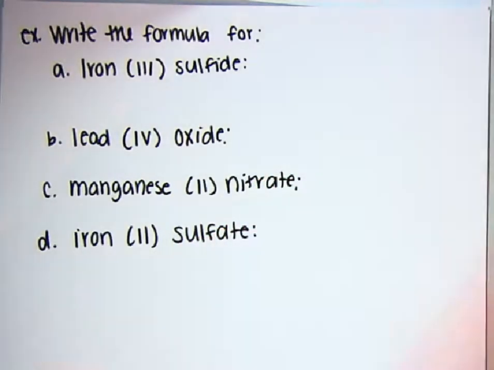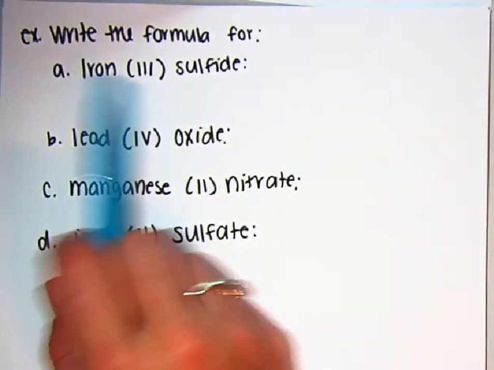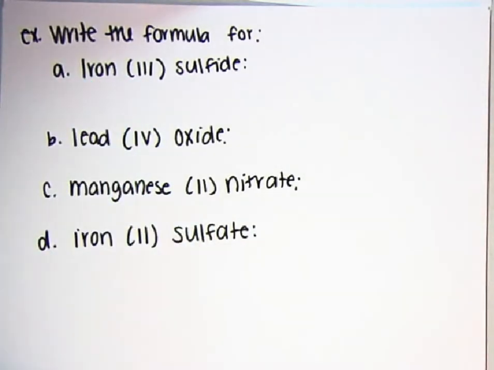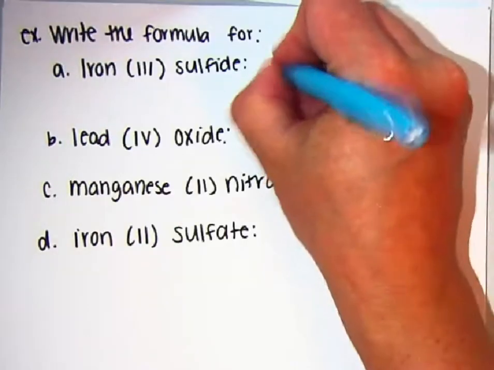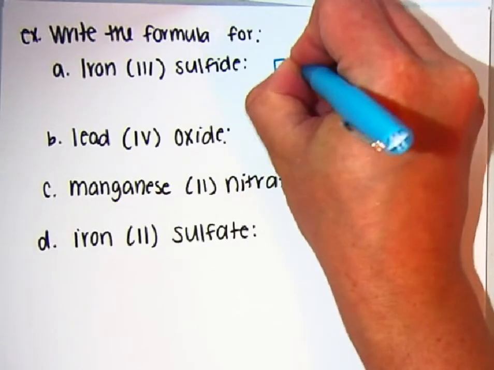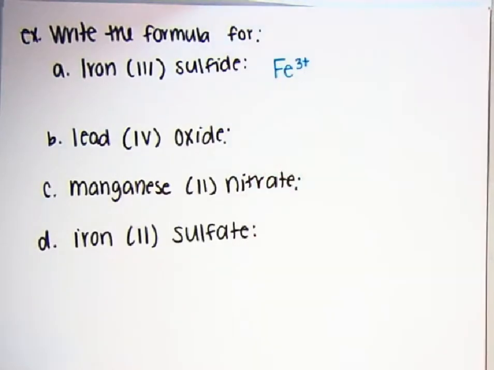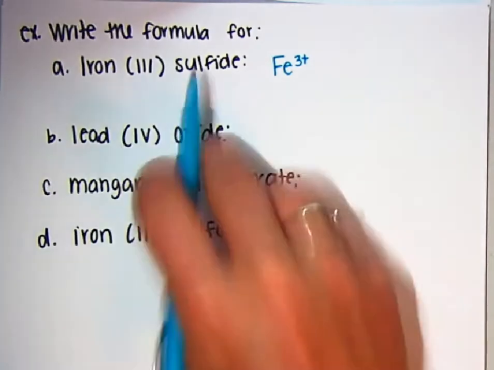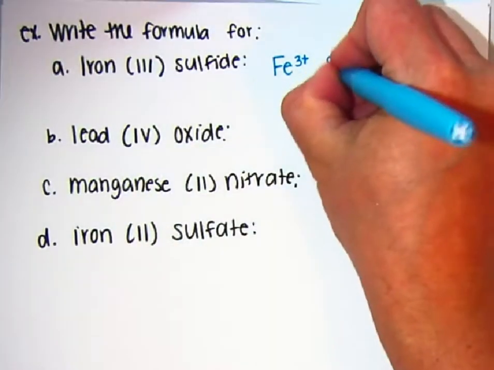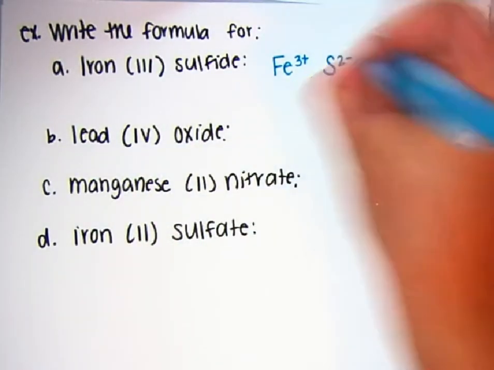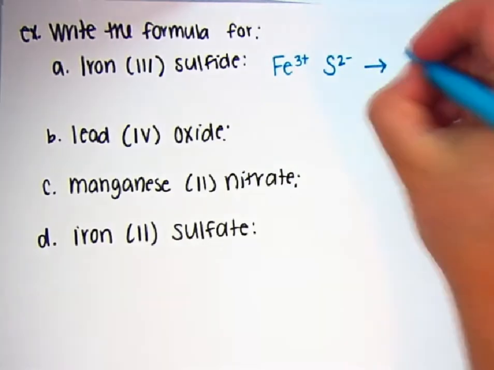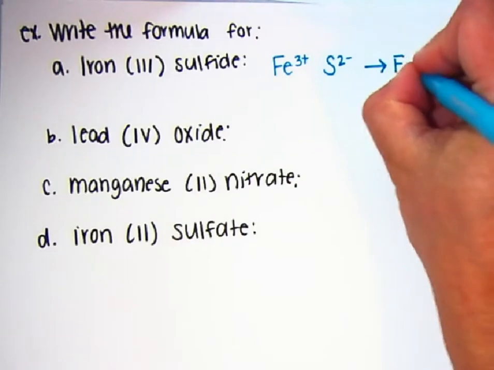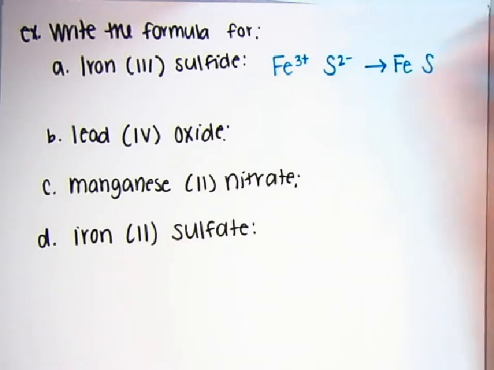So we said that the Roman numeral indicates the charge of the cation. So if this is iron 3 sulfide, iron would have a charge of 3+. We could look up sulfur on the periodic table. Sulfur is going to have a charge of 2-. The cation always comes first. The anion comes second.